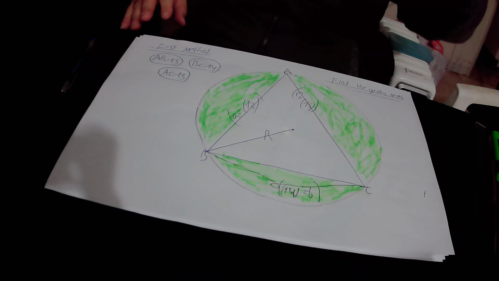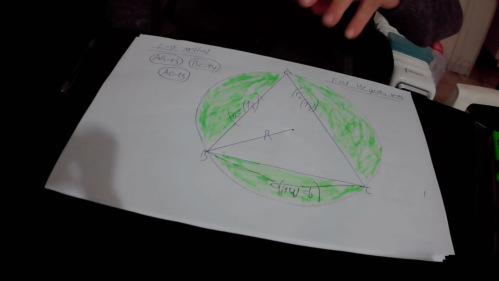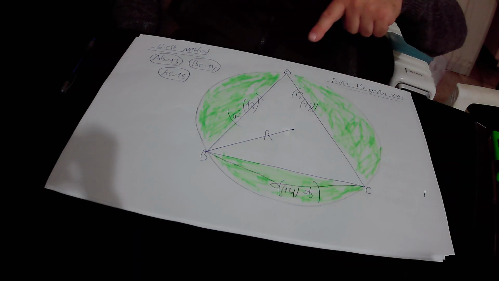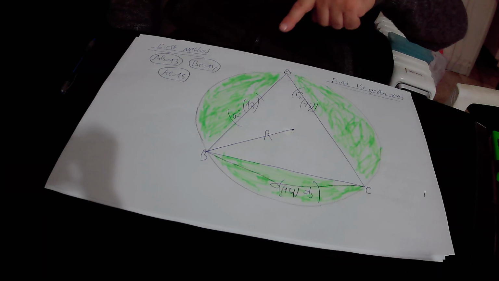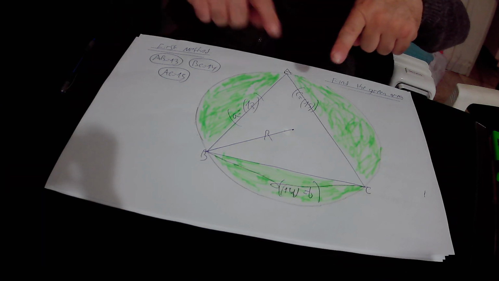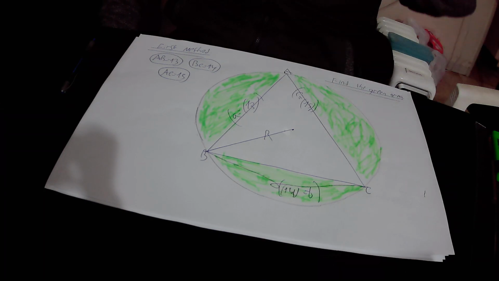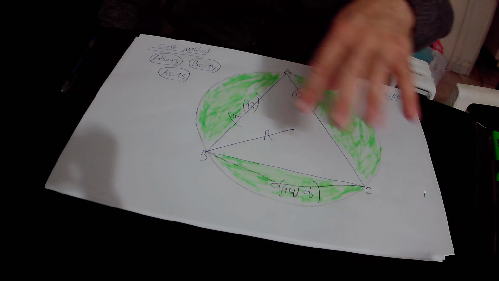In this lecture, our mission was to find out the area of this green shape. In the drawing, we have a circle. Inside this circle, we have triangle ABC. We know that side AB of this triangle equals 13 units, side BC equals 14 units, and side AC equals 15 units. Again, our mission is to find out the area of this green shape.